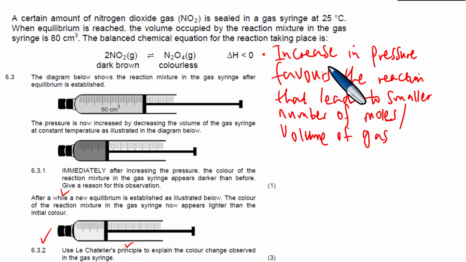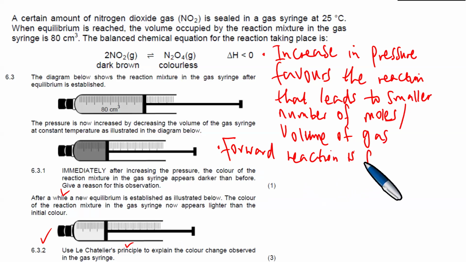So increasing pressure favors the reaction that leads to a smaller number of moles, by Le Chatelier's principle. What does this mean? It means that the forward reaction is favored. The forward reaction is favored.